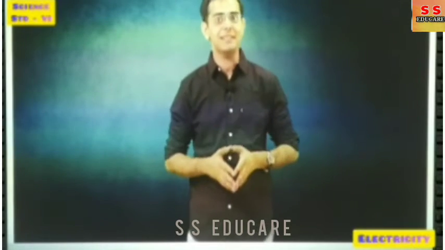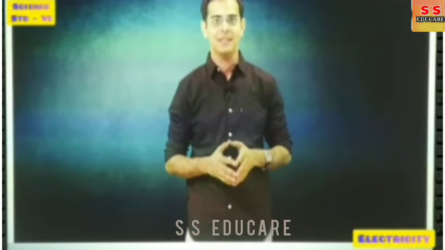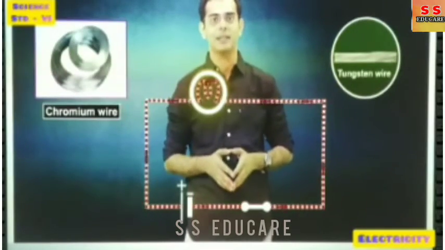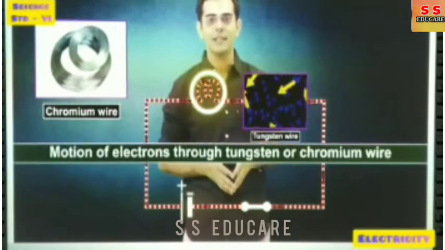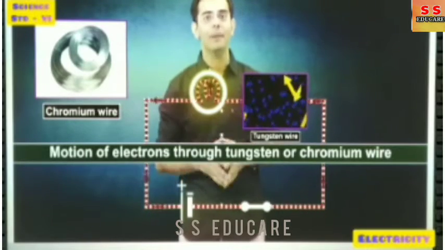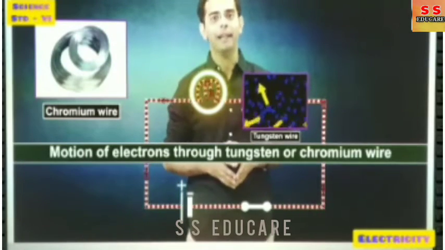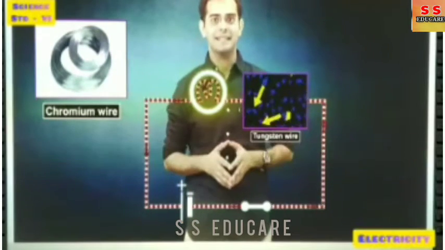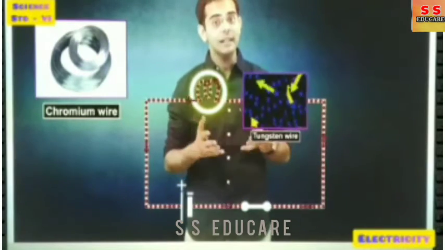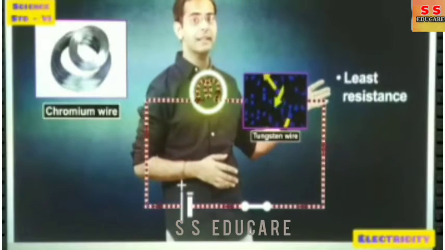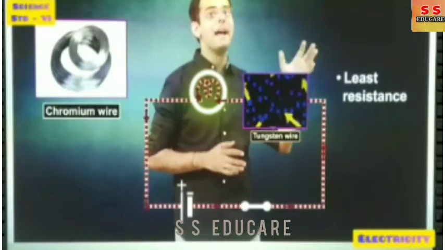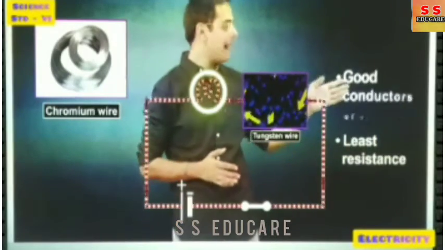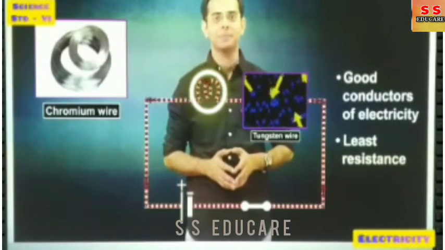While there are some materials that offer more resistance, like you can see in the case of tungsten and chromium metals, where the motion of electrons is opposed by their inherent characteristic, which is known as resistance. And the materials which offer least resistance and allow an easy passage of electrons or electric current to take place, we call them good conductors.